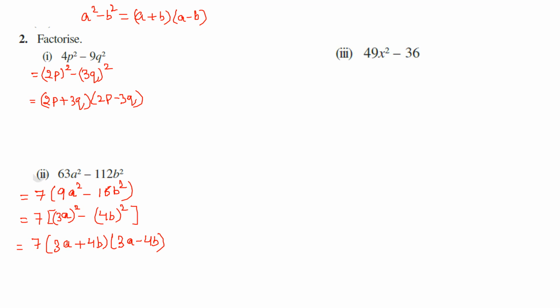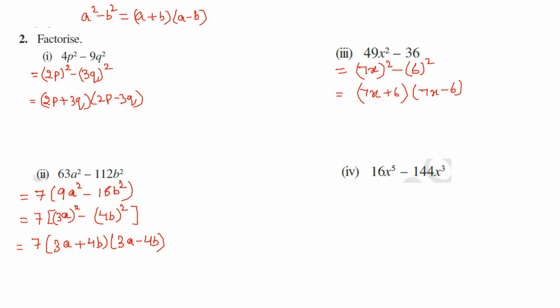Now third one, 49x square. 49 I can write as 7x whole square. 36 I can write as 6 square. Again I have to use a square minus b square identity. So it will be 7x plus 6 and then 7x minus 6.